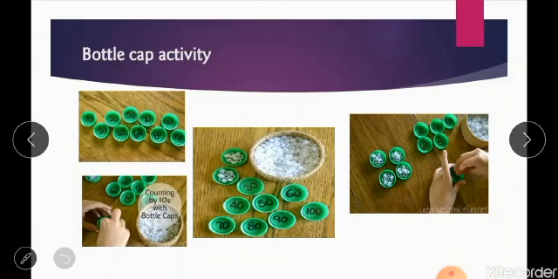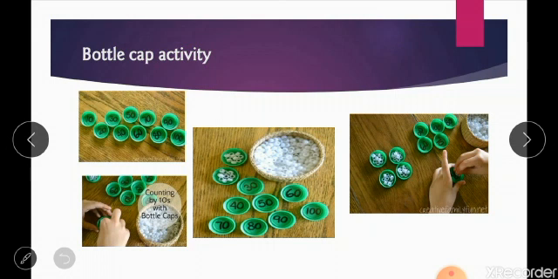Now a bottle cap activity I give to you, to arrange tens to understand the concept. In our house we have small bottle caps, so you just collect them. They may be different colors and different sizes, it's not a problem.